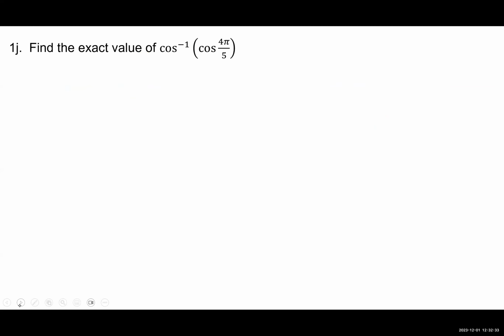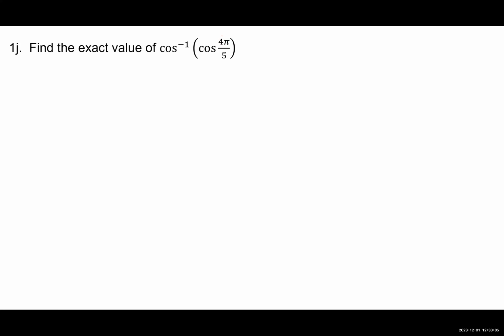Okay, what is the exact value of the cosine inverse of the cosine of 4 pi over 5? Well, in this problem, this is not an angle we're familiar with, right? If it was cosine of 5 pi over 4, okay, we're good with that. But 4 pi over 5, that's not an angle that has a terminal point that we're familiar with.